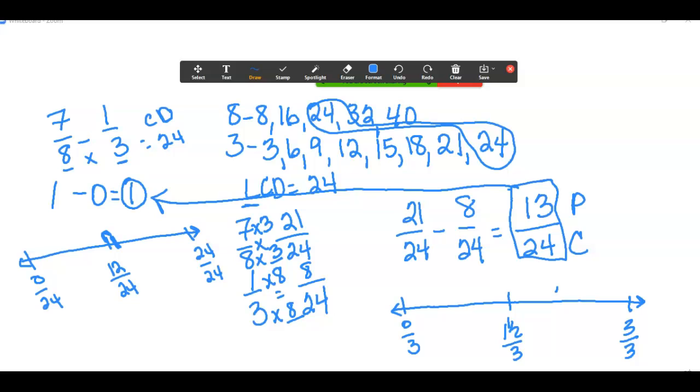Well, 1/3 would actually go about right here. So it's half of a piece away from a half, but a whole piece away from 0. So instead of rounding this 1/3 to 0, I could have rounded it to a half and done 1 minus a half, which would be a half. Which would then say, yes, we're right at 1/2.